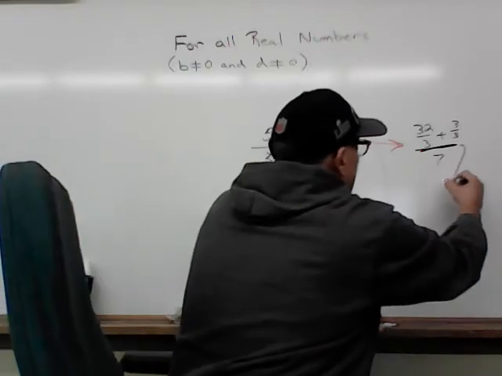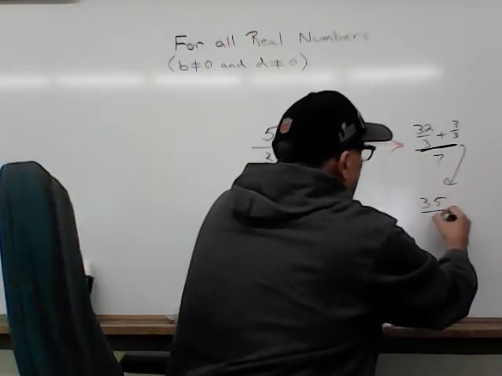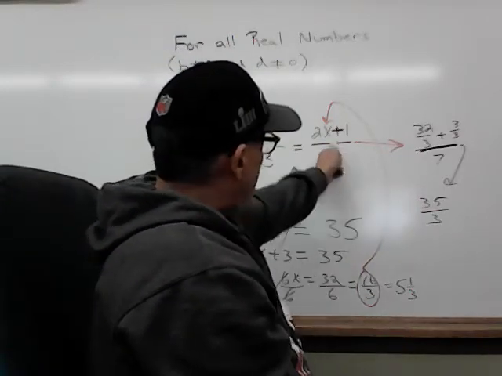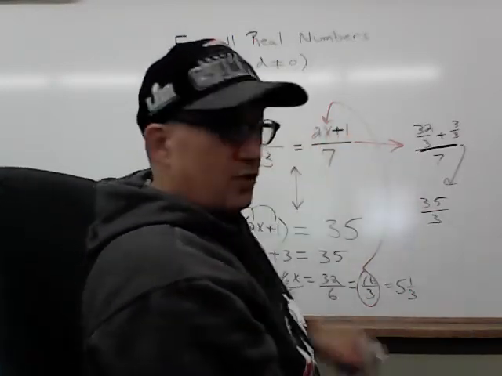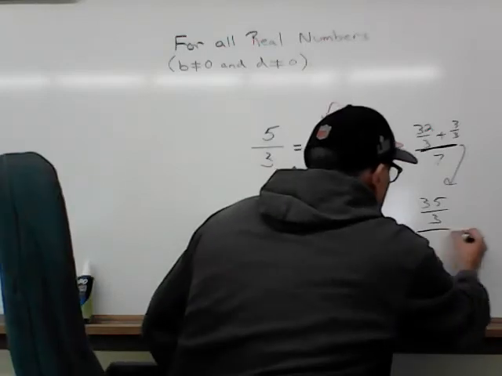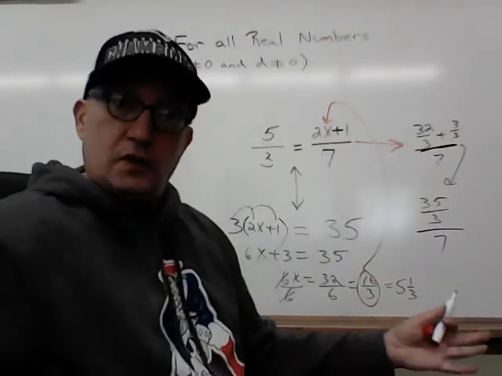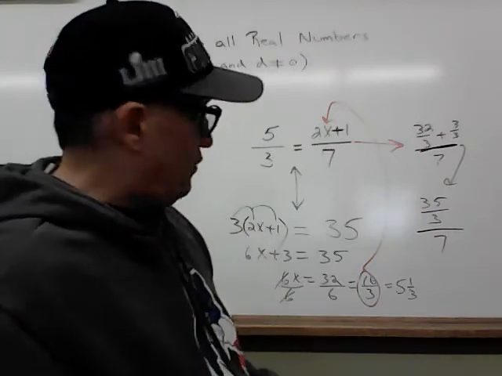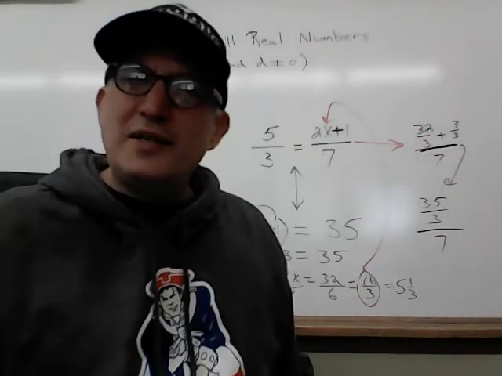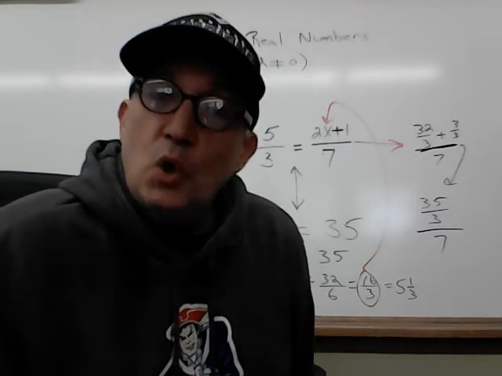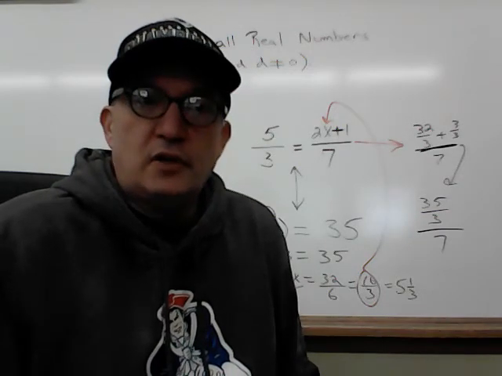So now what we get is 35/3 is the numerator. When the x is 16/3, we get 35/3 for our numerator. Our denominator is 7. Now there's a complex fraction. 35/3 over 7. How can we simplify it? How can we make it a normal fraction, simple fraction?